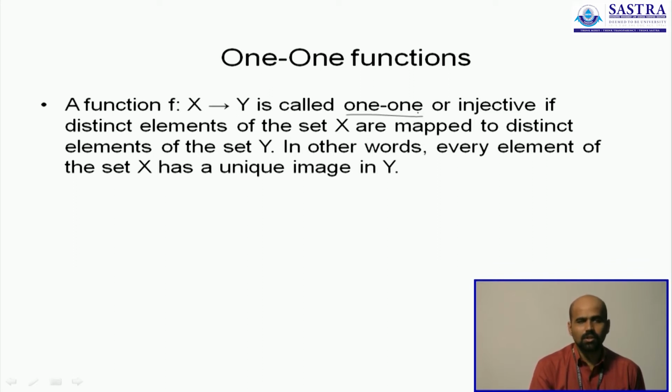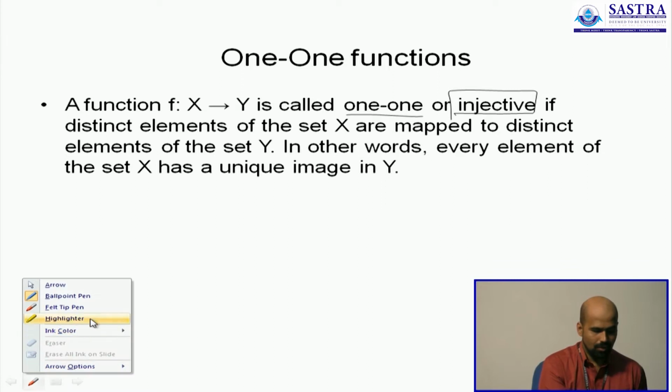In other words, if every element of the set x has a unique image in y, then we call the function a one-to-one function. The same function also goes by the name of an injective function or an injection.